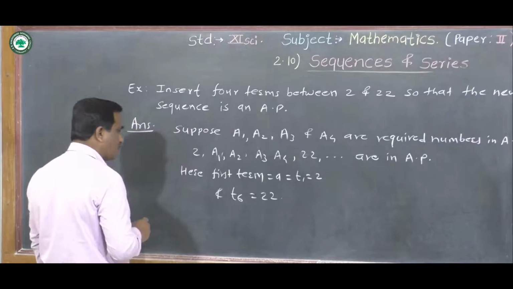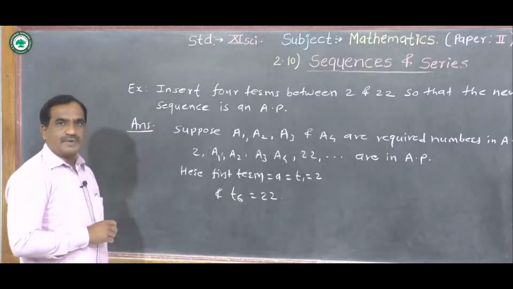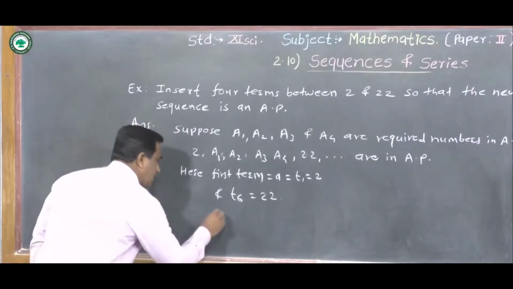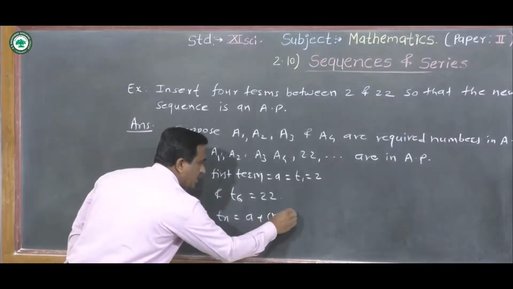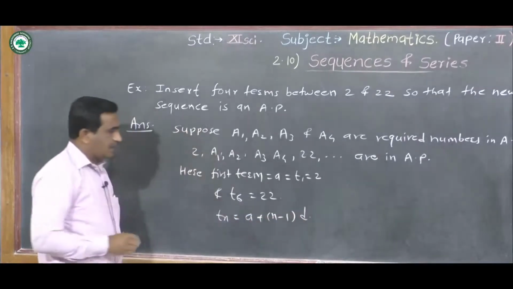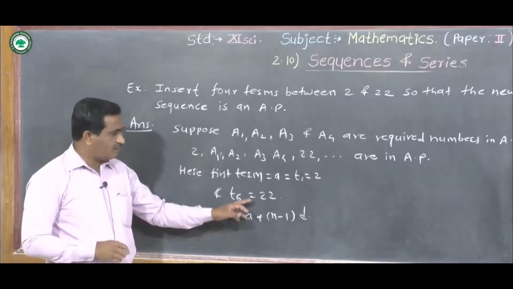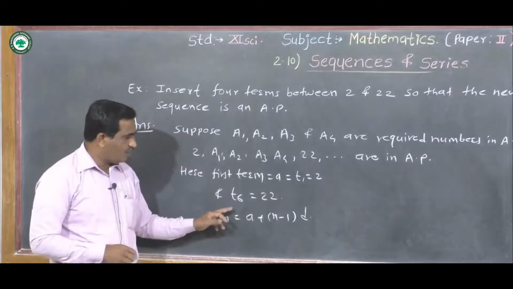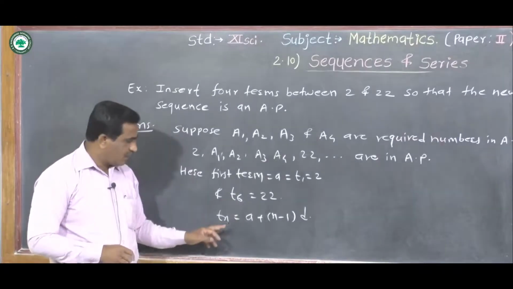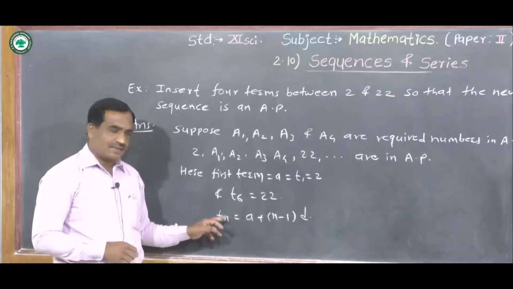Now we know the formula for the nth term of an arithmetic progression, Tn equal to A plus n minus 1 into D. We have to find the sixth term, therefore put n equal to 6 here.